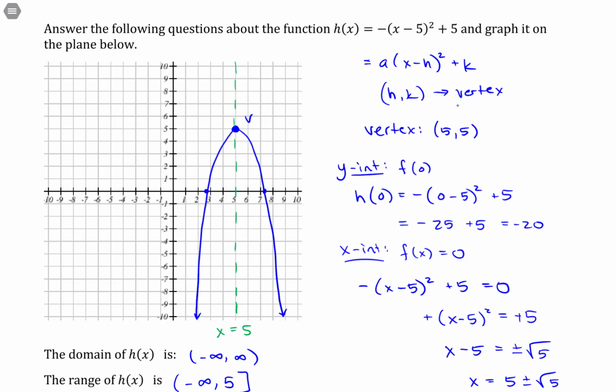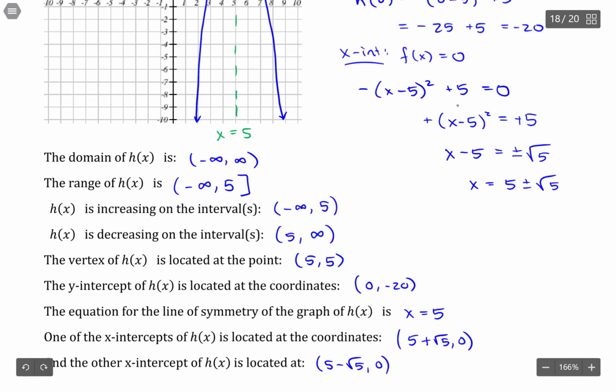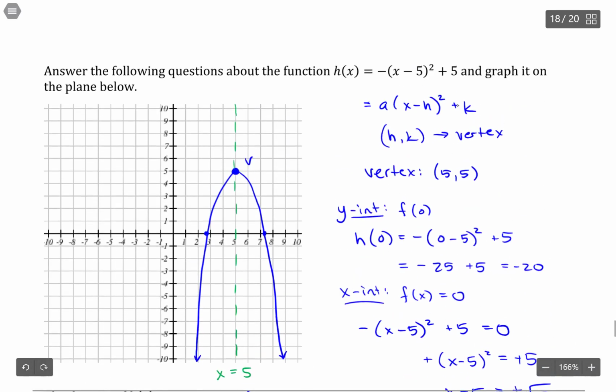What you can do is try and find a couple of points that are around the vertex. So if I were to take, say, positive 6 or positive 7 and plug that into the function, that should give me something. So let's use 7. h of 7 would be negative (7 minus 5) quantity squared plus 5. Let me double check.